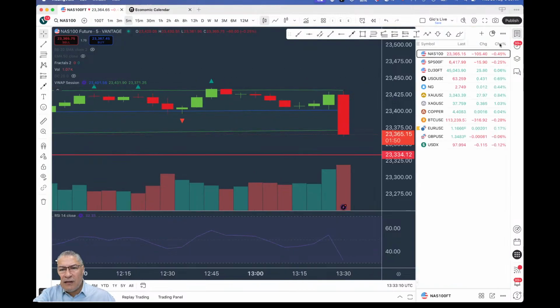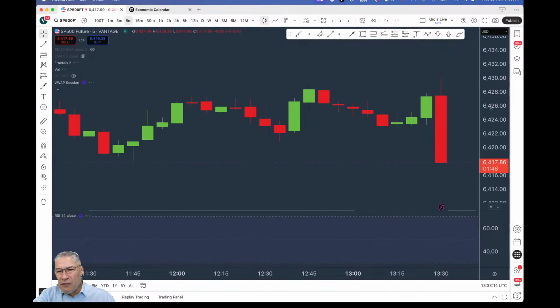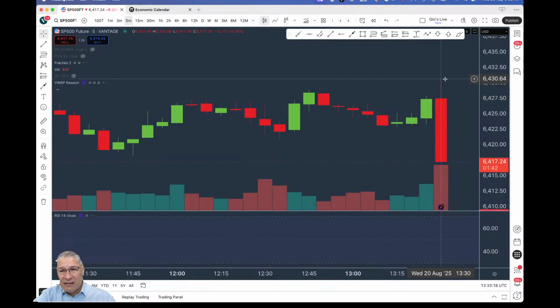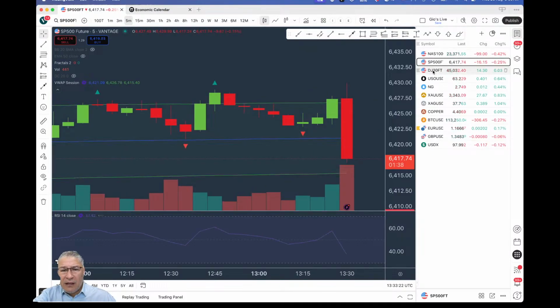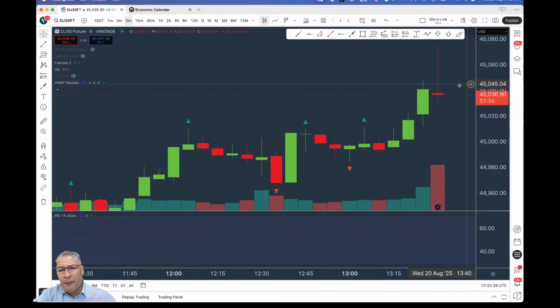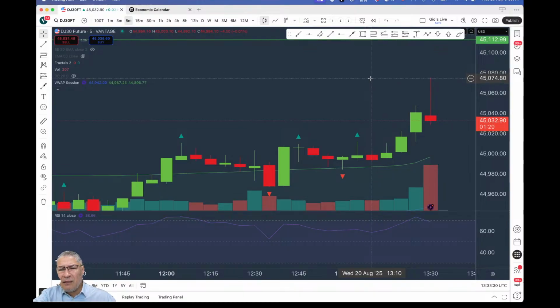So let's just go down the list to see how much of a wild swing we're having on the assets that we're following. There you go, a pretty strong wick for the Dow to the upside initially, then a push lower. What a difference in direction for the Dow compared to the Nasdaq and the S&P.